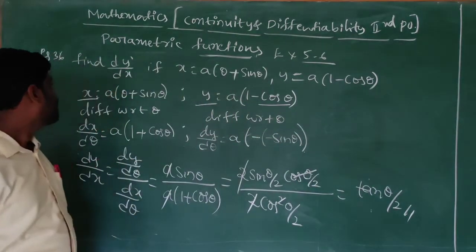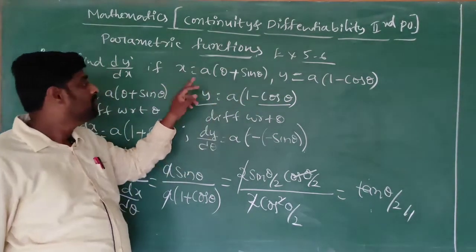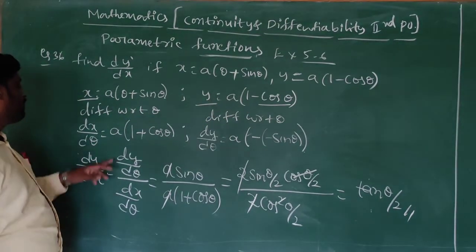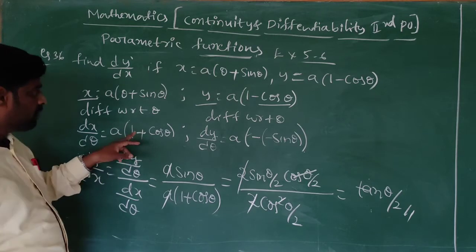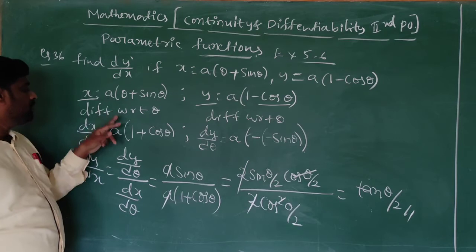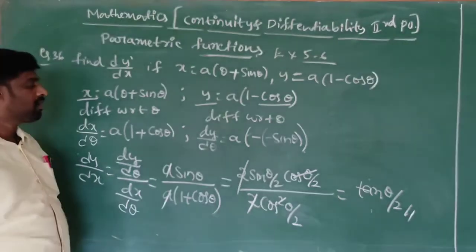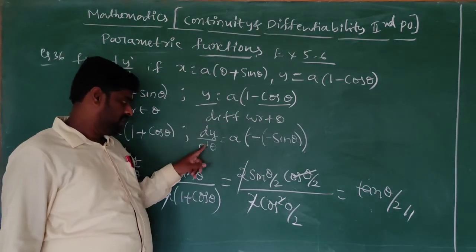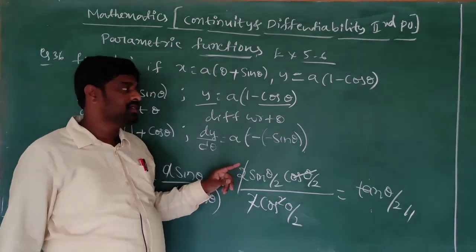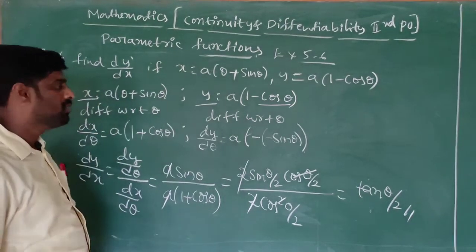Okay, children, here x is given, y is given. You have to take x separately, you have to take y separately. Differentiate with respect to theta. Dx by d theta is equal to a into theta differentiation 1, sin theta differentiation cos theta. Y differentiation is dy by d theta, a as it is, 1 differentiation is 0, cos as it is, cos theta differentiation is minus sin theta.